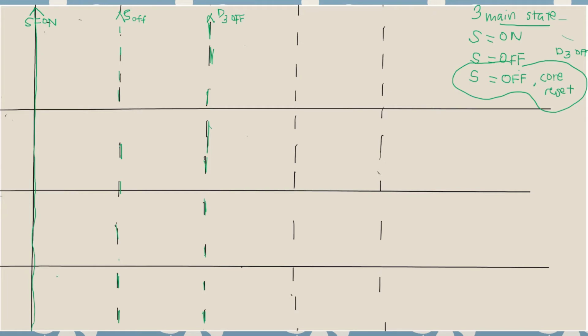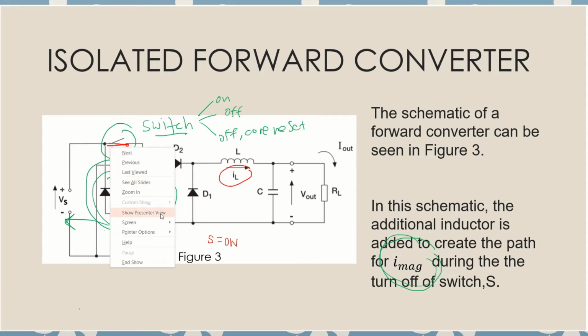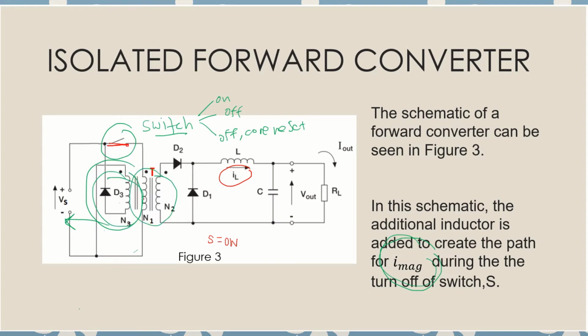All right, so we're going to draw our first waveform. Let's draw IL. If you remember, IL is this current. When the switch is on, it means the switch is connected. So what will happen here?